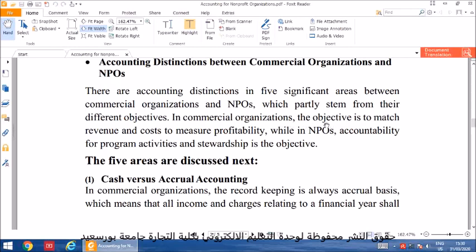The objective is to match revenue and the cost to measure profitability for commercial organizations, while in non-profit organizations, accountability for program activities and stewardship is the objective.